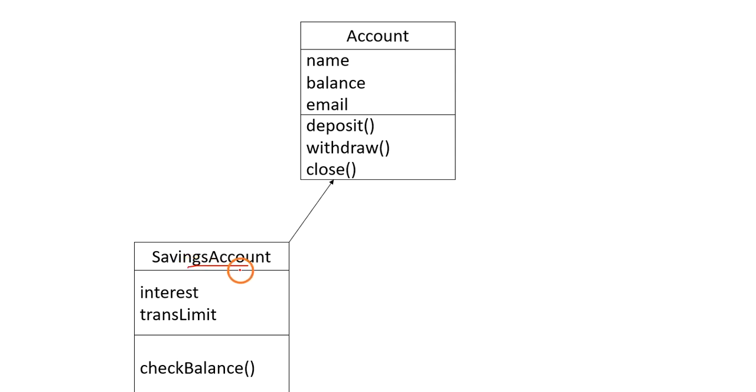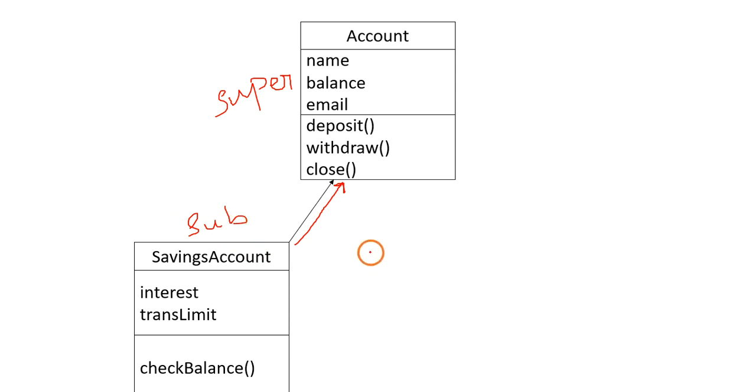If you see here, there is an arrow from SavingsAccount to the Account class, right? The arrowhead is pointing towards Account. When you have an arrow from one class to another class like this, the arrowhead points to the superclass, and on the tail of the arrow you have the subclass.